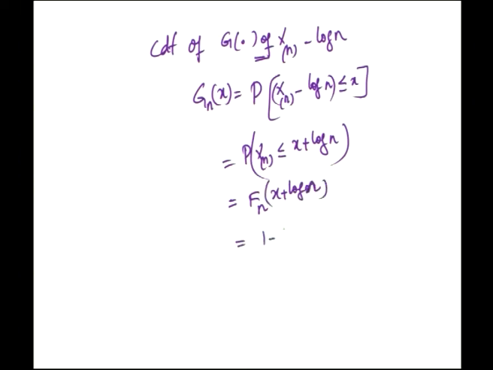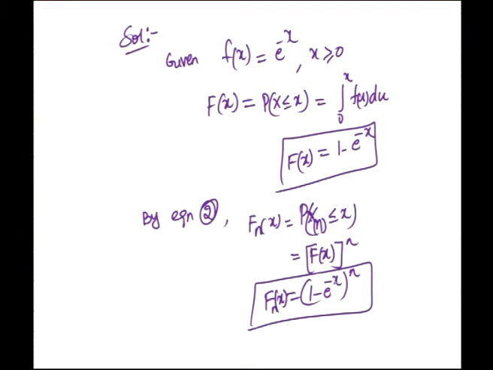Fn(x) is (1 minus e^(-x)) whole power n. In place of x you are having x plus log n.